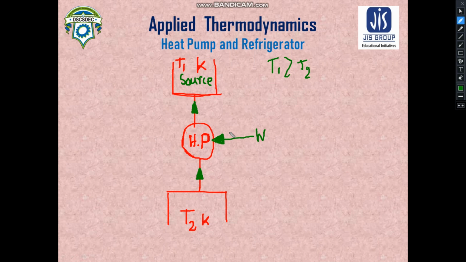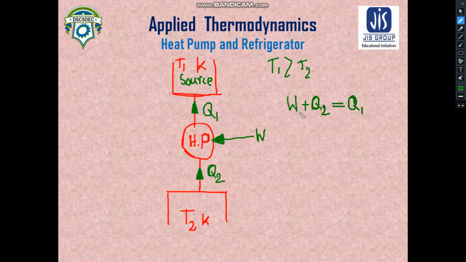So let us take this heat which is transferred as Q2 and Q1. If we perform the energy balance, you will see this W is your work input, and this is Q2, which will be equal to Q1.